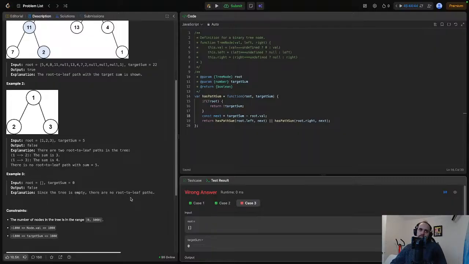Okay, so in that case, we consider laying out the function a little bit differently. If there's no root, then we'll return false.